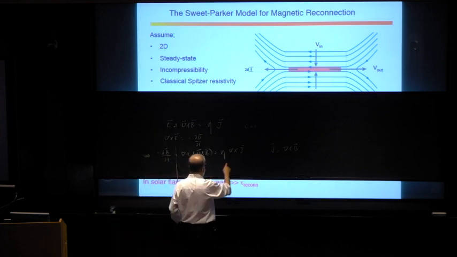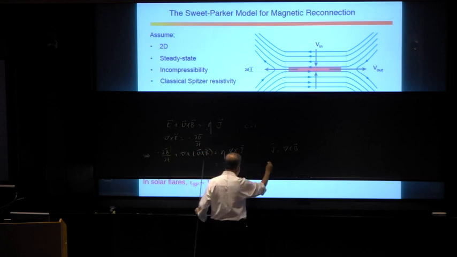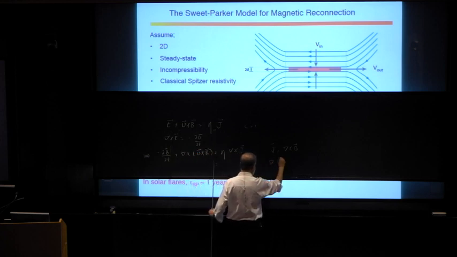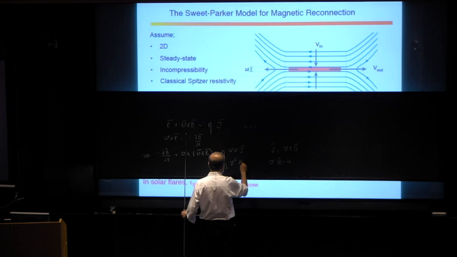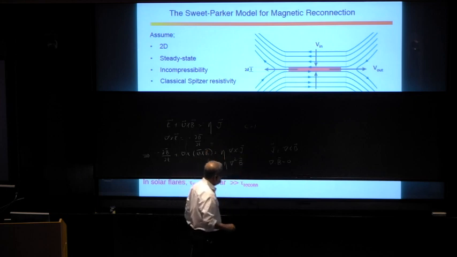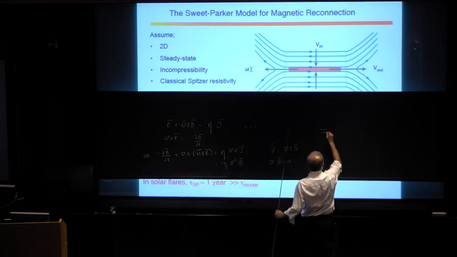And so if you write the curl of B and you use the fact that del dot B is 0, then this becomes minus eta del square B.